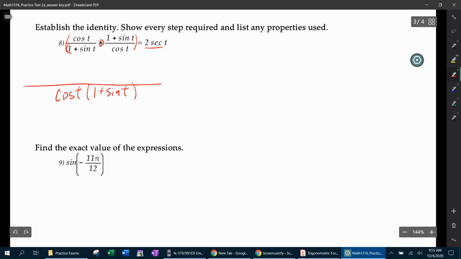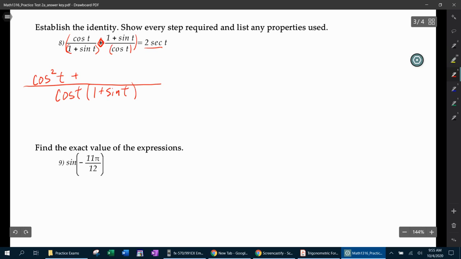And so the 1 plus sine t in the first fraction got multiplied by the cosine t. Whatever you do to the bottom, you have to do to the top. If I multiply cosine t times cosine t, I'm going to get cosine squared t. And then plus, from the fractions, we have a plus.